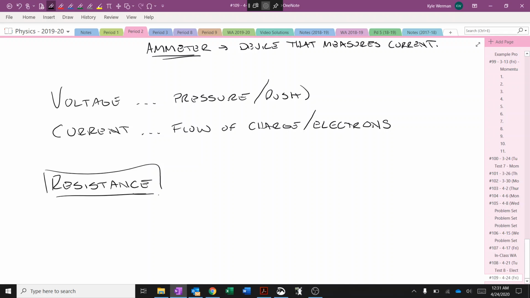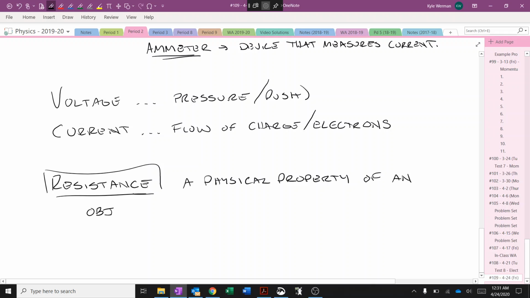Everything you put in a circuit adds some element of resistance, some more than others. Right? So this quantity of resistance is a physical property of an object or material to slow or impede the flow of charge.